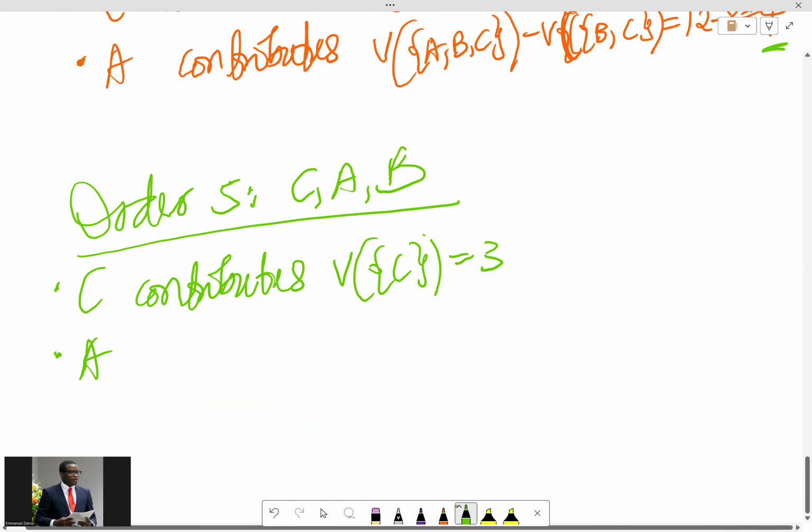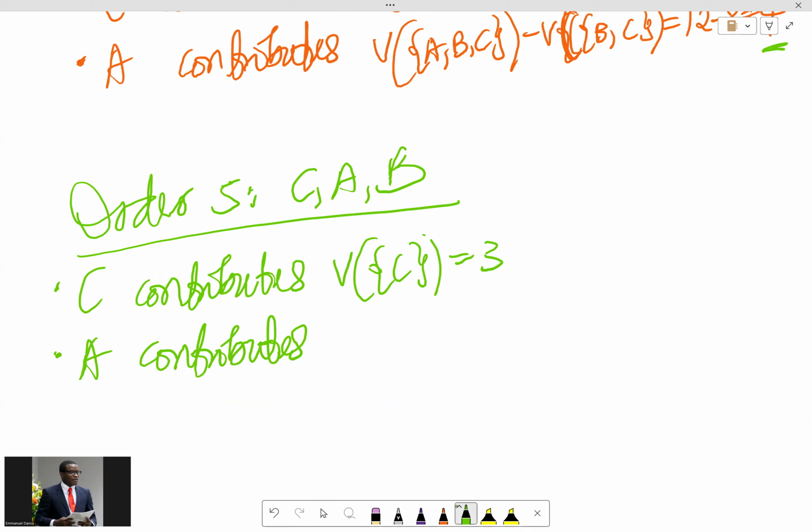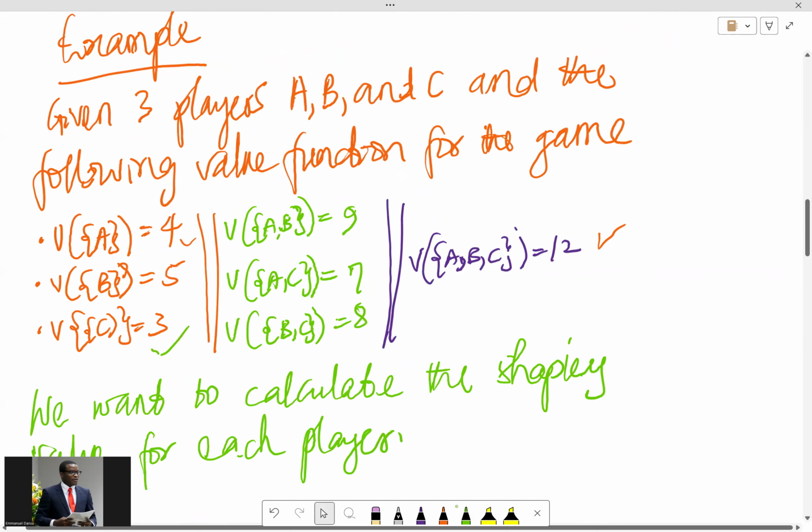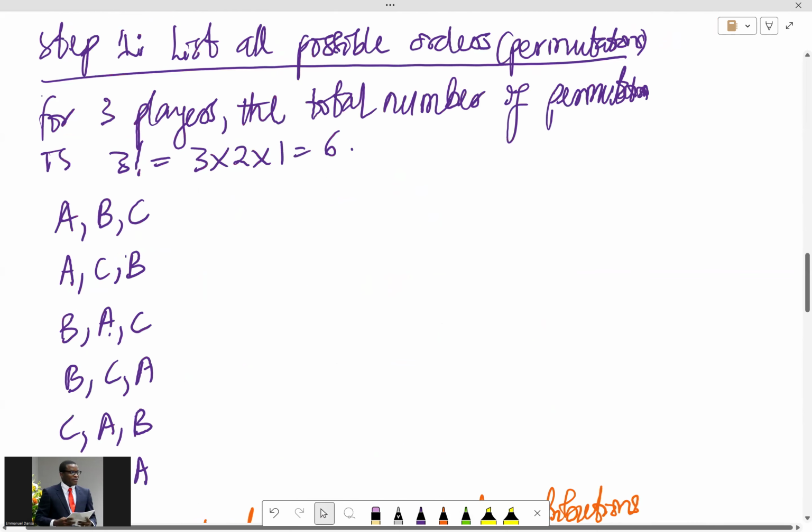Then A contributes the value of the coalition between A and C, since A is joining now, minus the value of the C that was already there. The value of the coalition between A and C is 7, I believe.